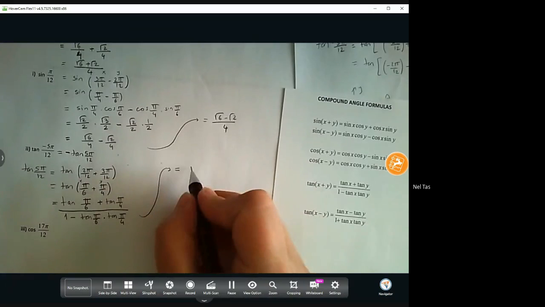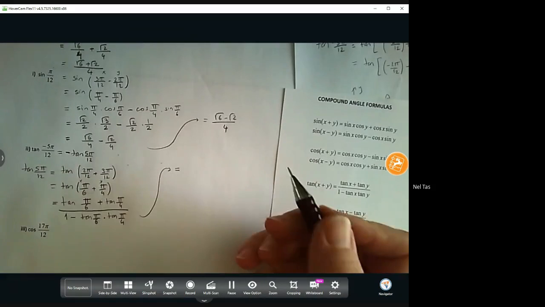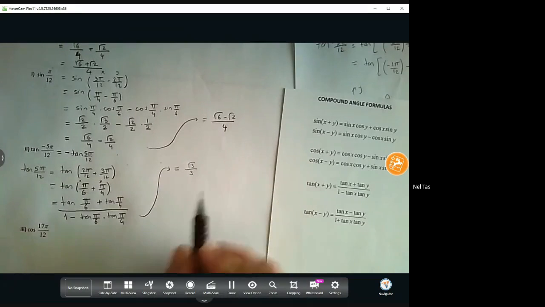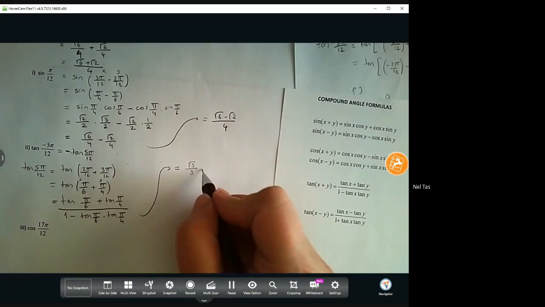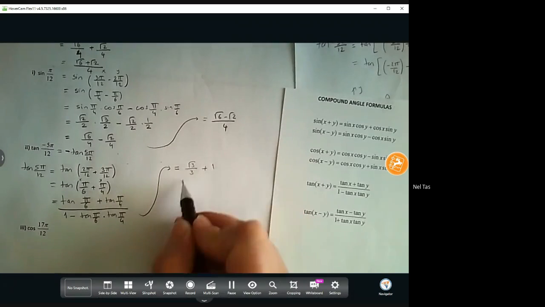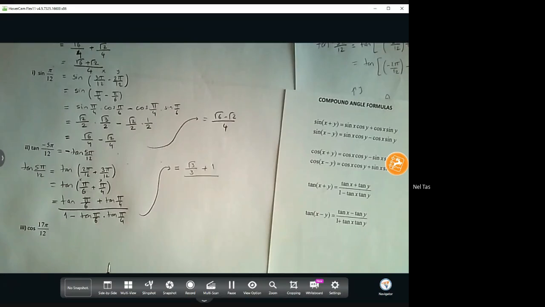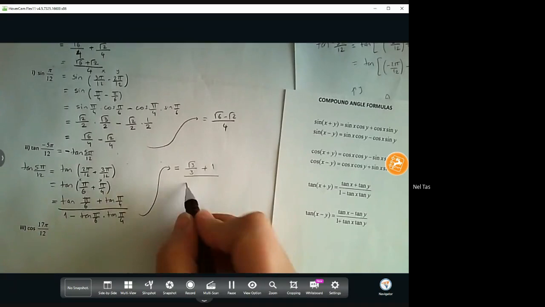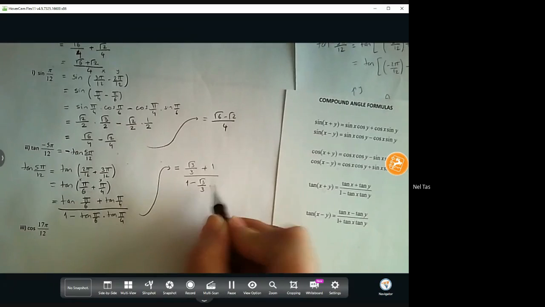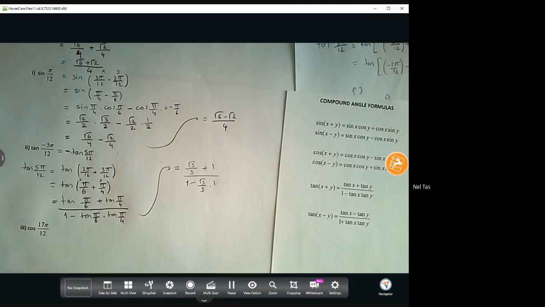Okay, tangent pi over 6 is 1 over root 3 or root 3 over 3, doesn't matter. Okay, so root 3 over 3 plus tangent pi over 4 is 1. Okay, 1 minus tangent pi over 6, again root 3 over 3, and tangent pi over 4 is 1.